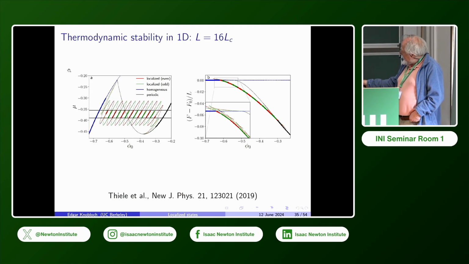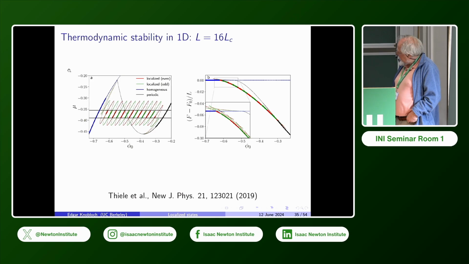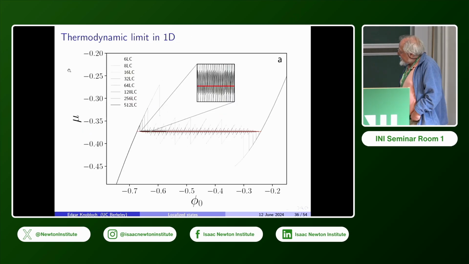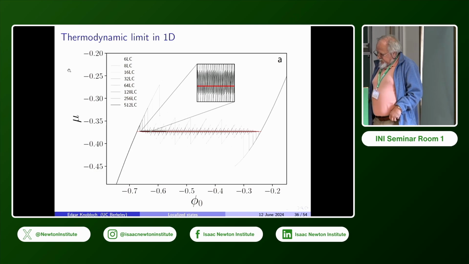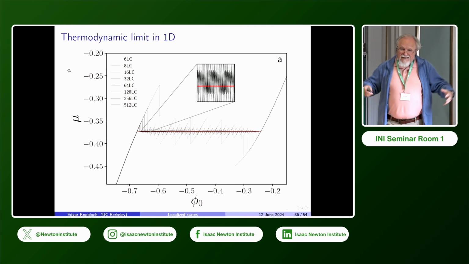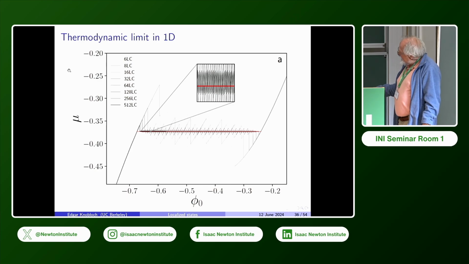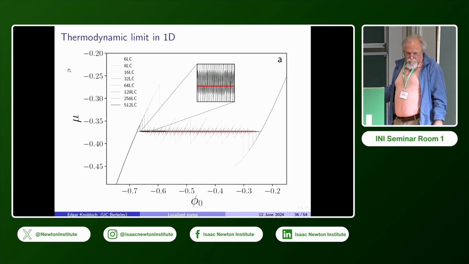And you can see again the free energy showing that you have minima for the localized structures. And then if you increase the domain, in other words, you're trying to take the thermodynamic limit, then you see that these zigzags that you saw in the previous slide converge onto the Maxwell line.